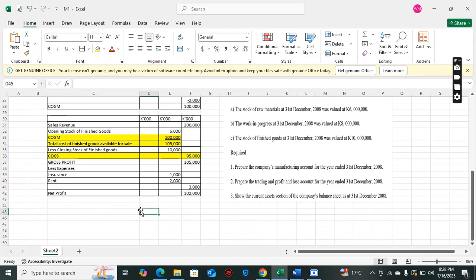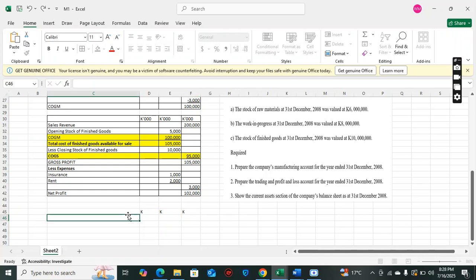So for the balance sheet, we come to the current assets section. Colleagues, what is a current asset?